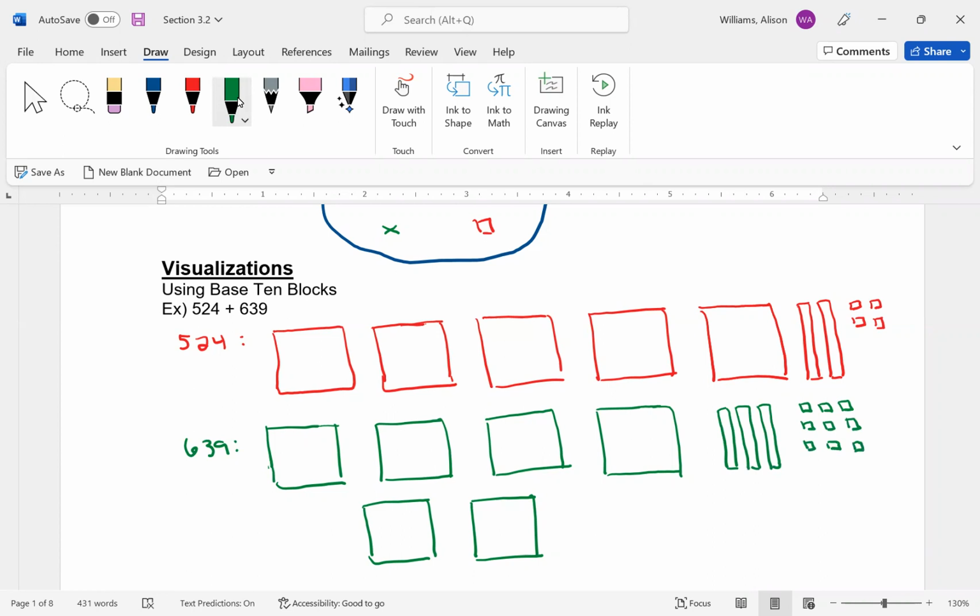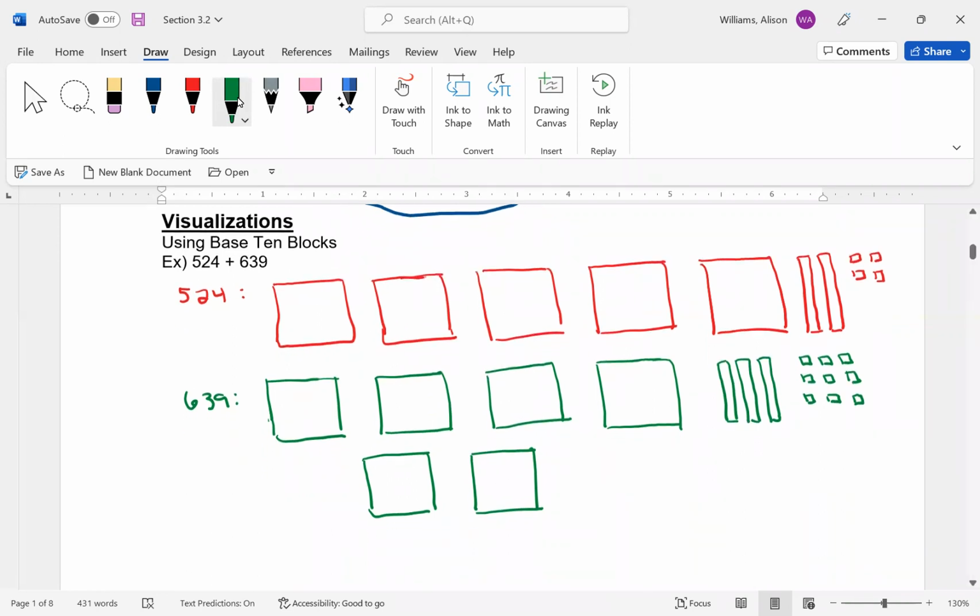Okay, so visually then what we have are 11 hundred boxes, so 11 hundreds. And then we have 5 tens. And then 9, 10, 11, 12, 13 ones. Now, the problem is that's not the answer, okay?